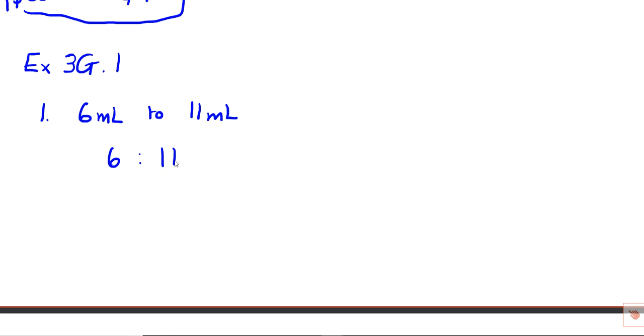Do you know what that context might be? What might we be looking at if we're talking of a ratio 6 millilitres to 11 millilitres? There's small amounts, so it's a bit different. But yeah, when do you mix drink?